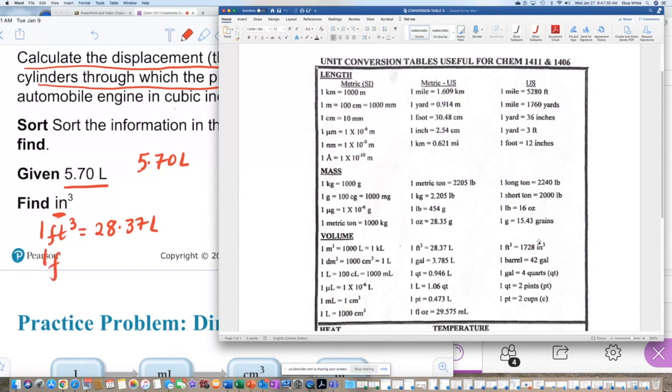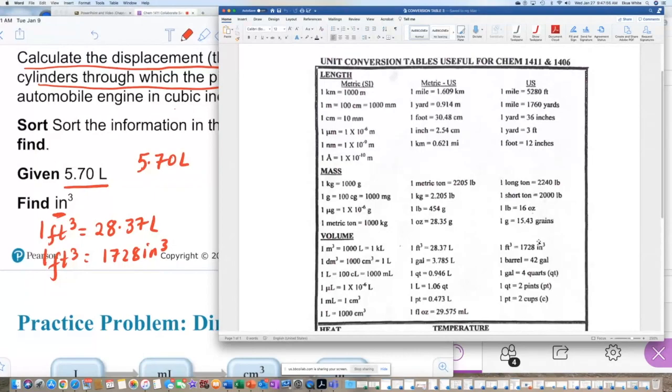So I have 1 foot cube equal 1728 inches cube. Remember, I have this sheet, this table, uploaded on eCampus. So feel free, I really encourage you to download it, print it, and keep it for your records.